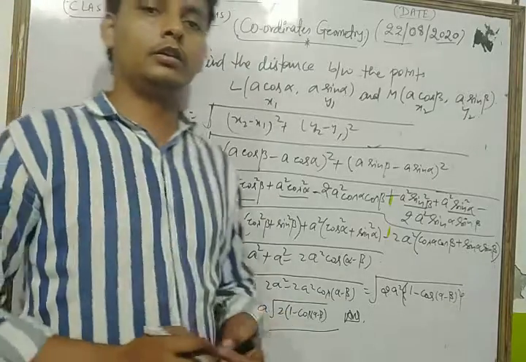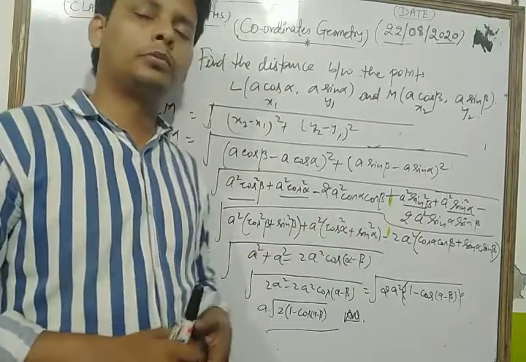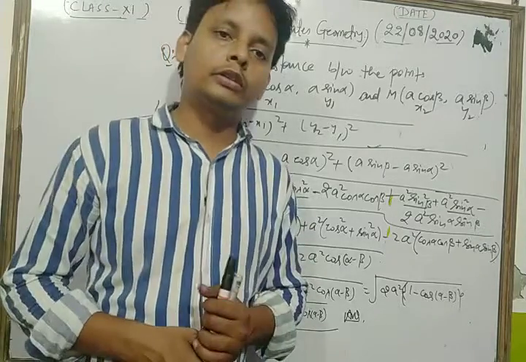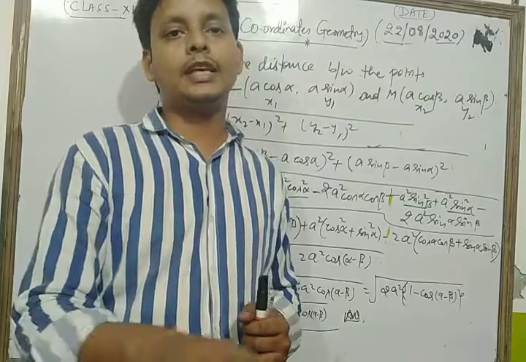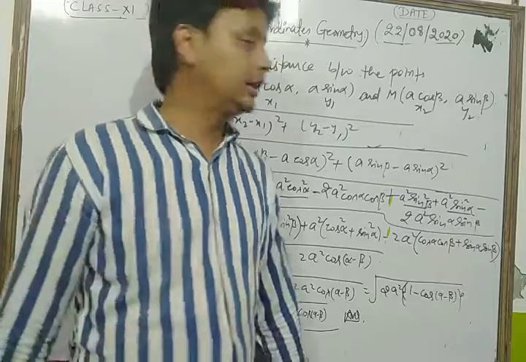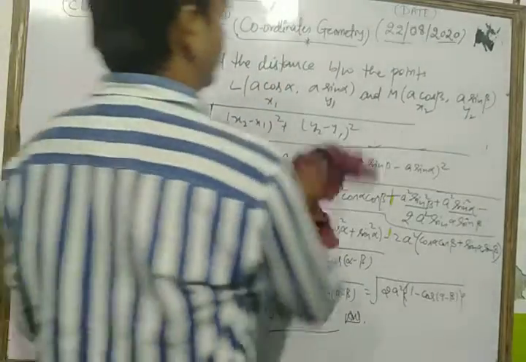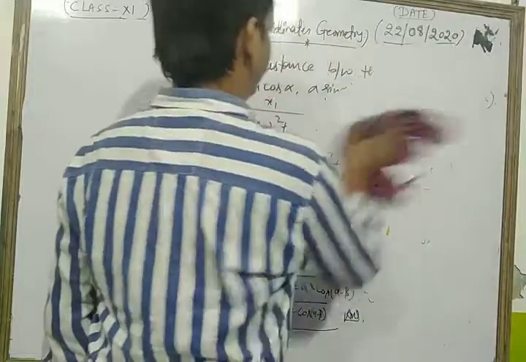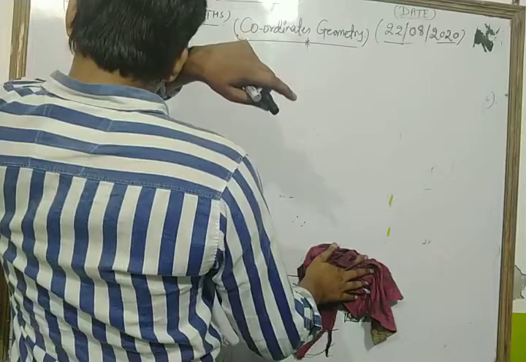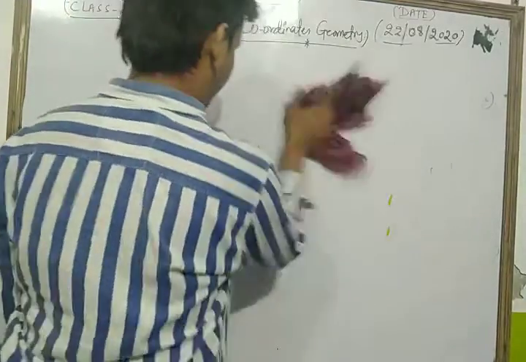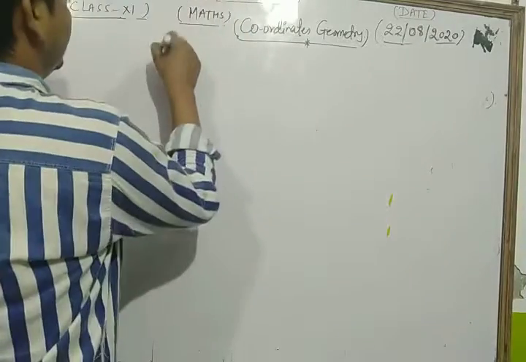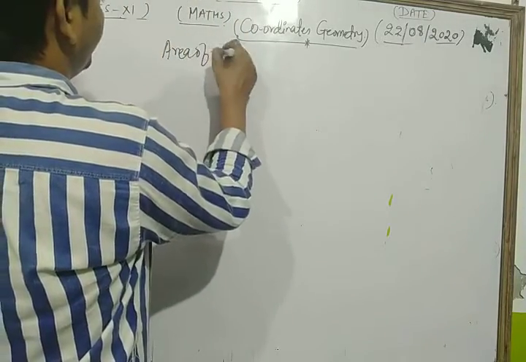So dear student, you can solve all the questions based on the distance formula in this way. Now we discuss the next formula of coordinate geometry, the area of a triangle when all three vertices are given.